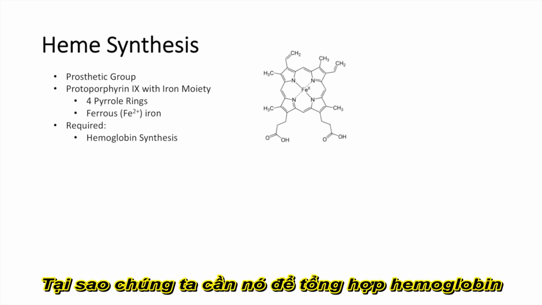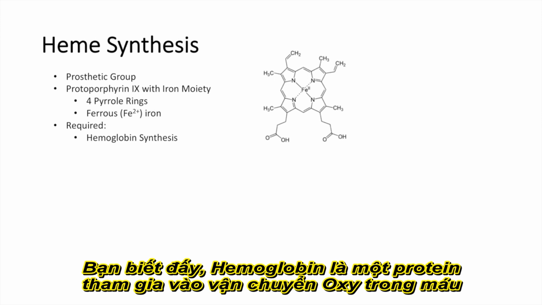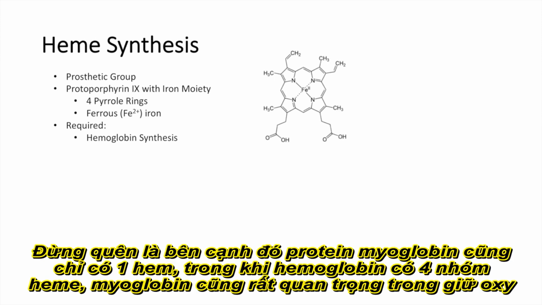So why do we need heme? Well, heme is required for hemoglobin synthesis, and as you already know, hemoglobin is a protein involved in oxygen transport within the red blood cells. And don't forget the related protein myoglobin as well, which only has 1 heme, while hemoglobin has 4 heme groups. Myoglobin is also important in oxygen transport.